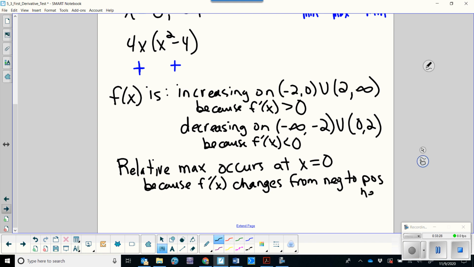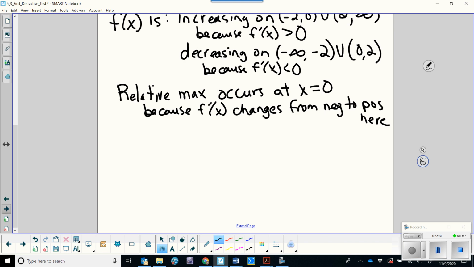Okay? Now you could also say f changes from increasing to decreasing, because we've already listed that. But I would get in the habit of answering it from f prime.